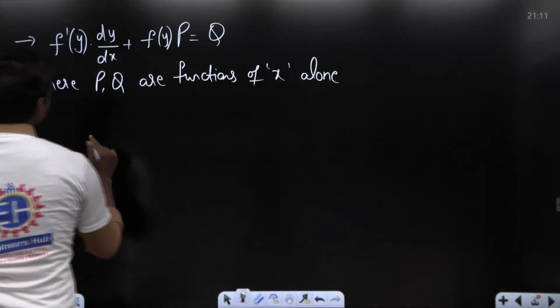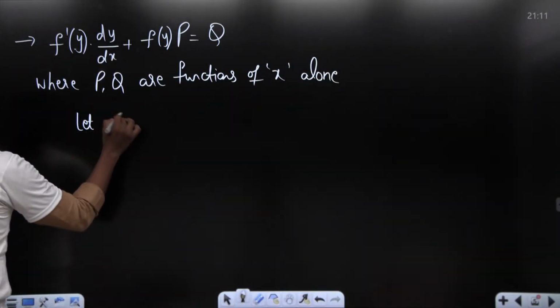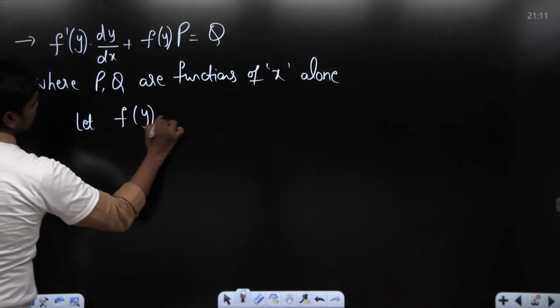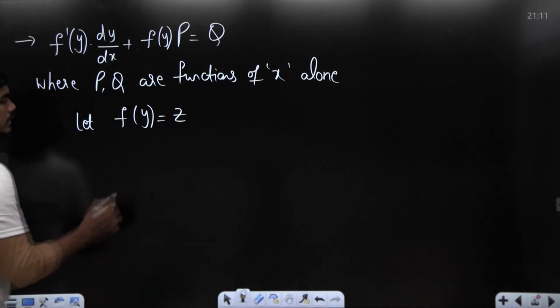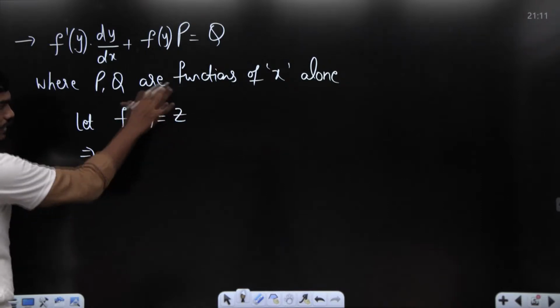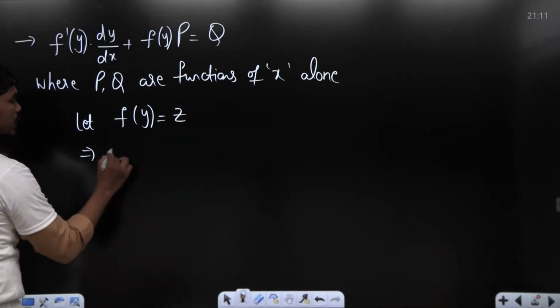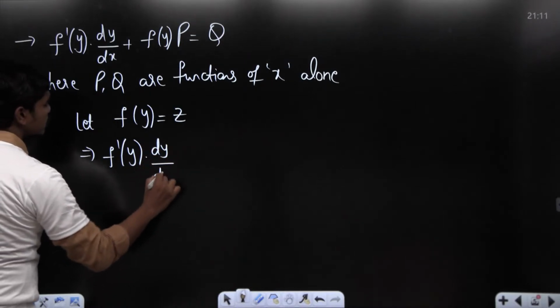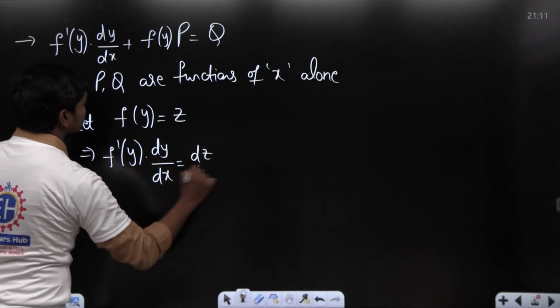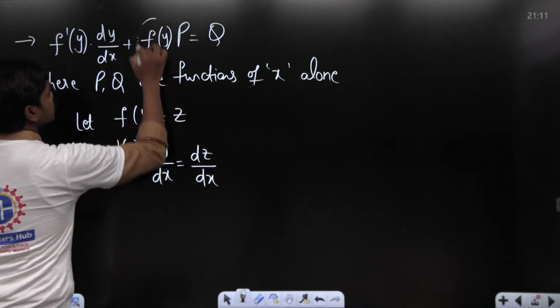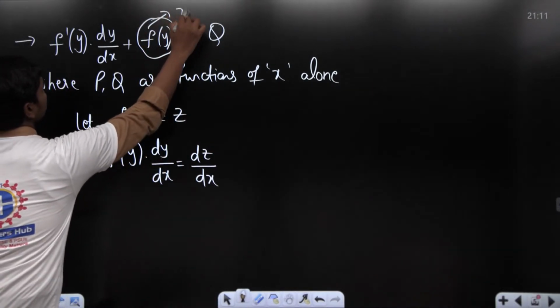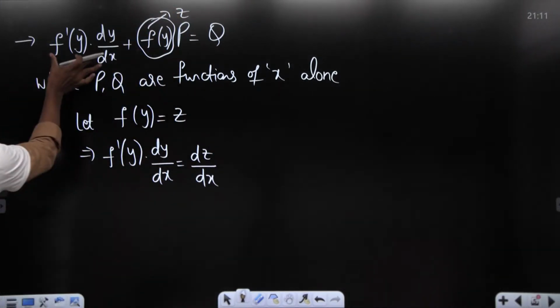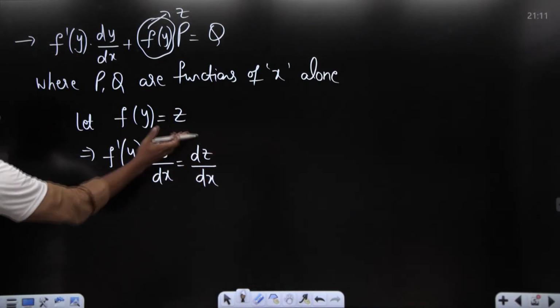Let f of y is equal to z. If you differentiate this with respect to x, f dash of y into dy by dx is the same as dz by dx. Which means, if you make this substitution, treating f of y as a variable z, then in place of f dash of y into dy by dx, you can substitute dz by dx.